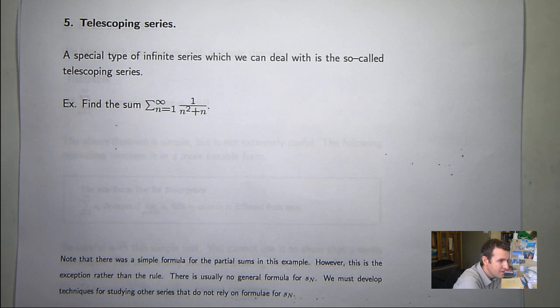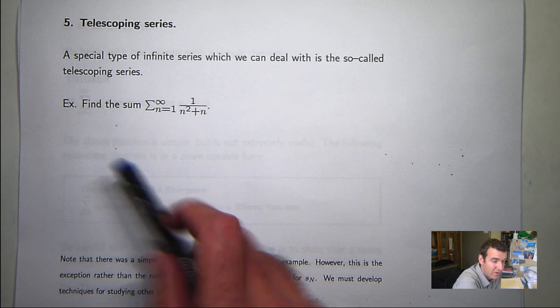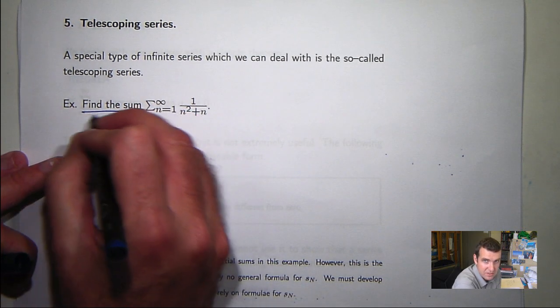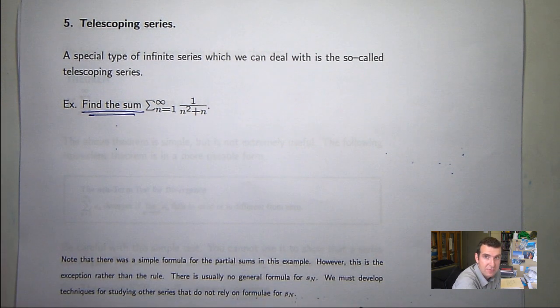Telescoping series basically have a lot of cancellation when you write out the nth partial sum. So this is one of these rare series where you actually can calculate the value of the series. So not only does it converge, we can find out what number it converges to.